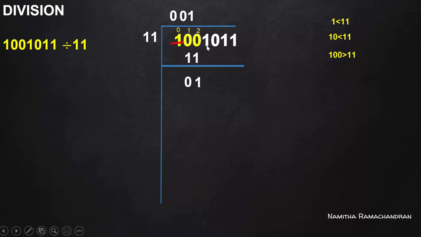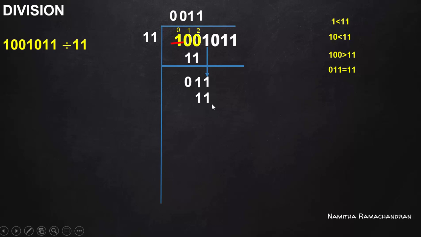Now we can consider the next number. We combine the next bit of our dividend with this bit. So write down this 1 here. So this is 1, 1. This 1, 1 is actually 3, which is equivalent to our divisor. So we can divide. 1 into 1, 1 is 1, 1.